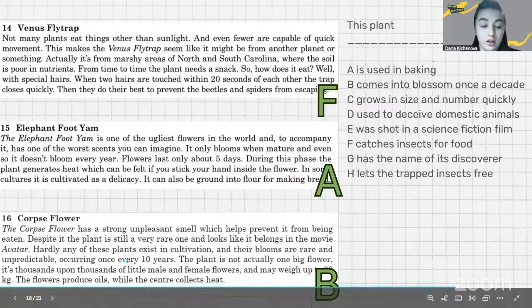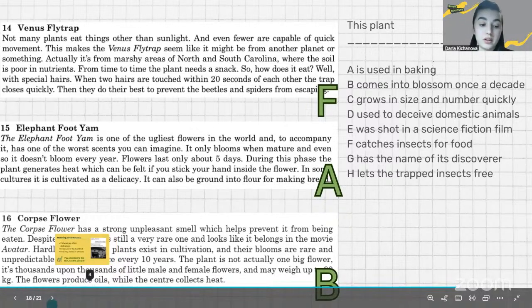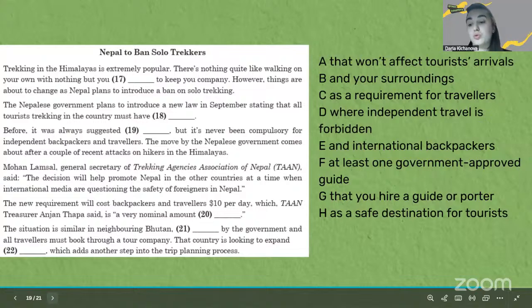Okay, very nice. So I can see that most of you have the correct answers. So I think it's time for us to move to the fill in the gaps task. Right now, we'll have 6 gaps. And let's remember the strategy.